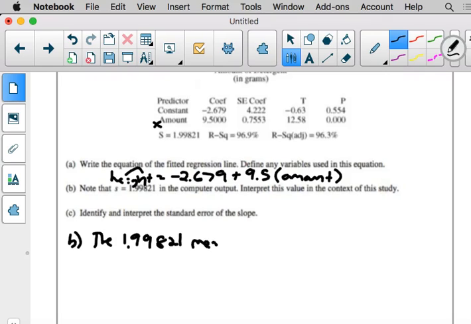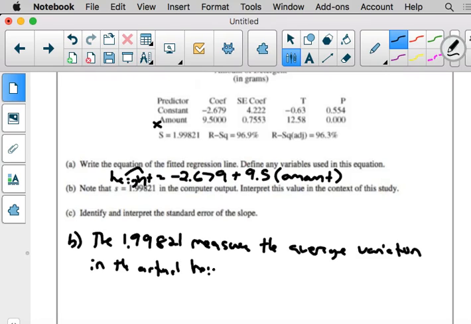The 1.99821 measures the average variation in the actual heights of the suds to the regression line.